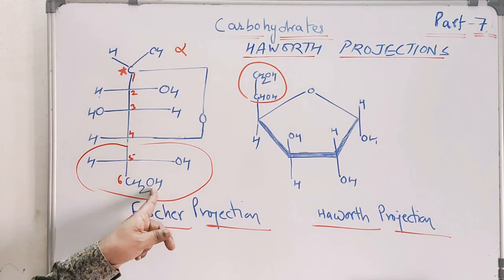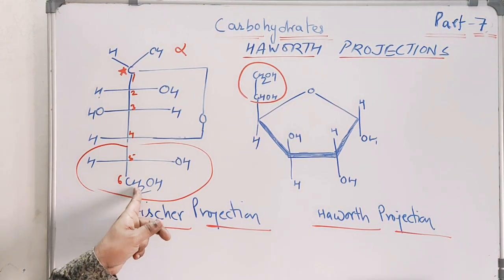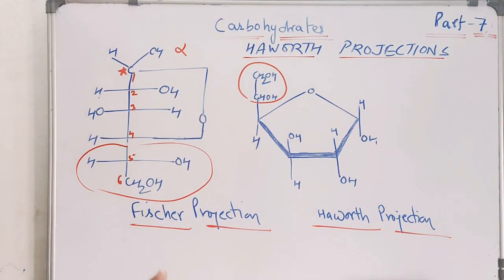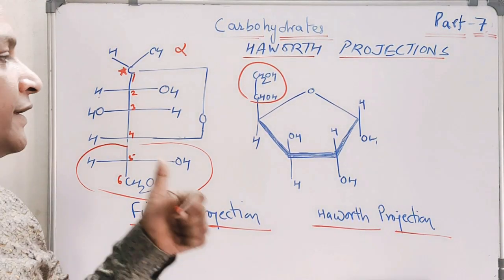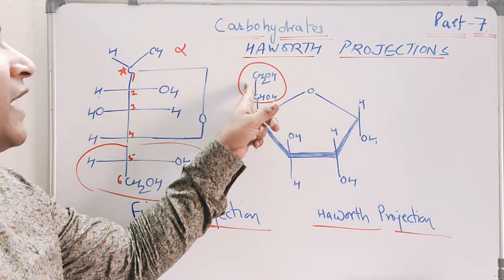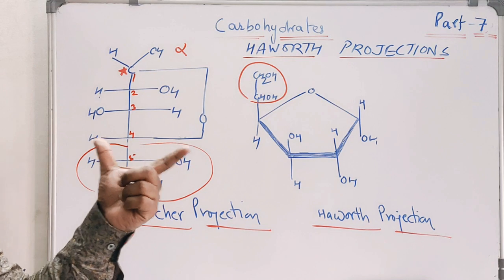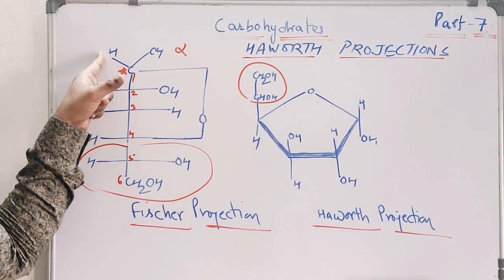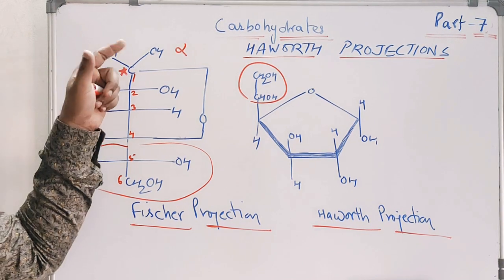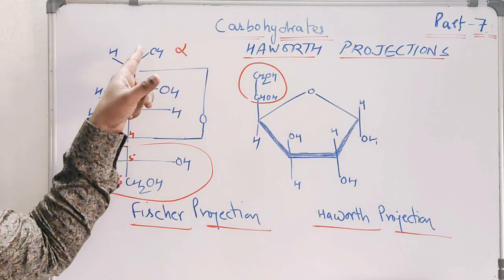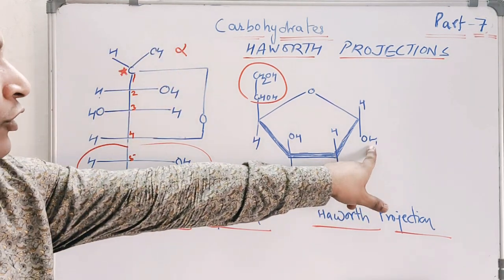Always write the CH2OH part on the upper side in case of Haworth projection when we are considering D-glucose. So what we have to remember is that groups lying on the left hand side always occupy the upper position. Groups lying on the right hand side always occupy the lower position.